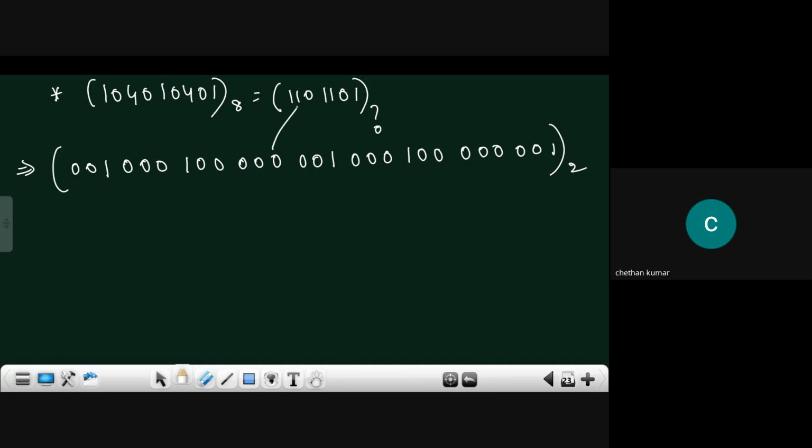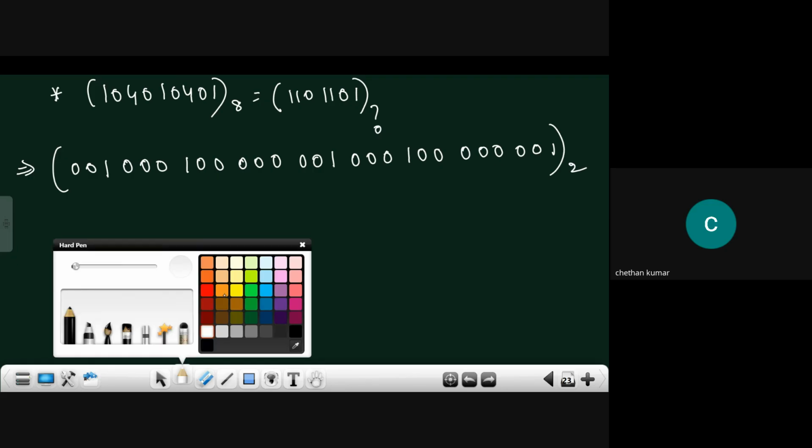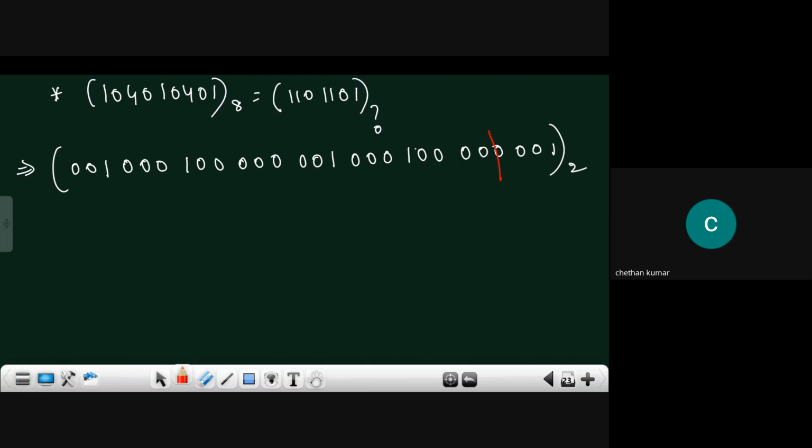But this number is not equivalent to this number. But I converted a bigger number into binary, correct? Then what should you do? Now you convert this binary to hexadecimal by grouping 4 digits.